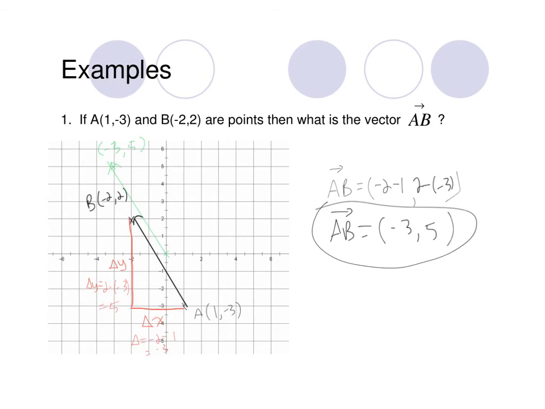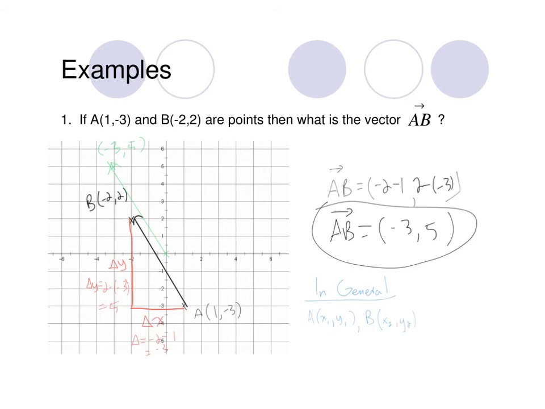If we wanted to talk about this in general, for 2 points, we'll say A, x1, y1, so that's the first point, and B, x2, y2.